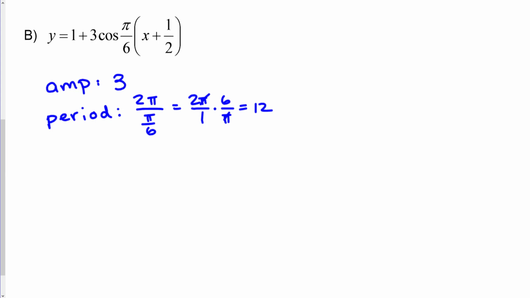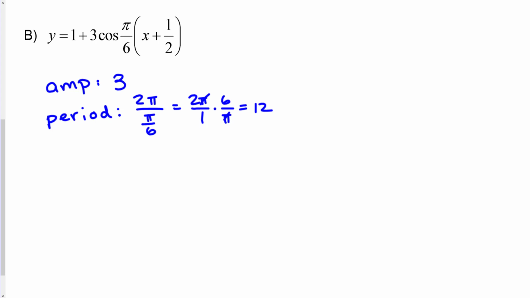A way of thinking about this is, the way I've been saying it before, if the period change was 2, then you would have 2 cycles completed by the time you got to 2 pi. Another way you can think of it is, in pi units, that's how long it takes to complete 1 cycle.